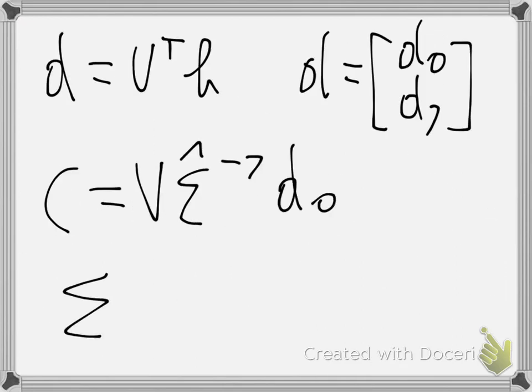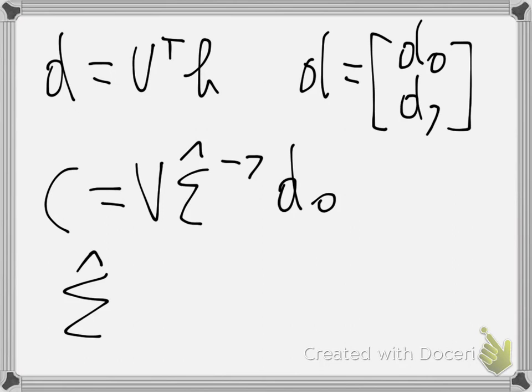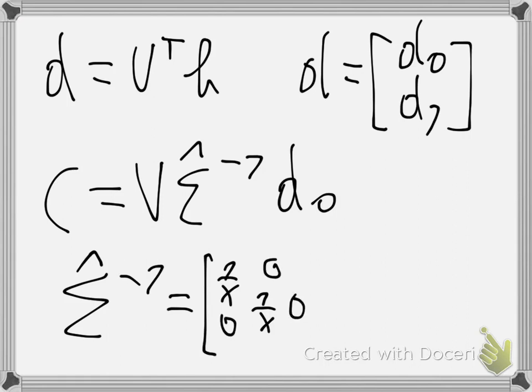For sigma hat, you remove some rows that have only zeros to be able to multiply them with V. So you have the same rows in sigma as you have columns in V, and for the inverse you just do 1 over the singular value for the elements in the matrix, and there are 0 everywhere else. And that's how you solve your least square problem.